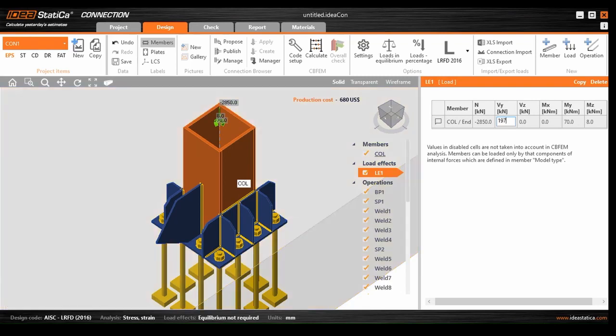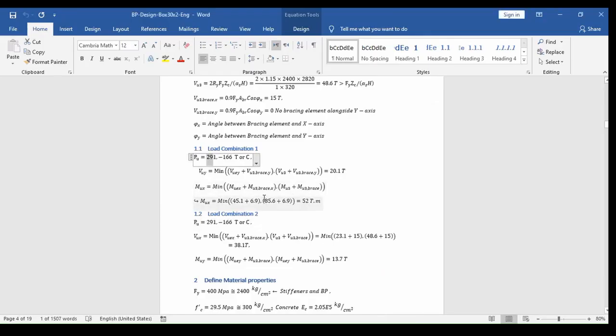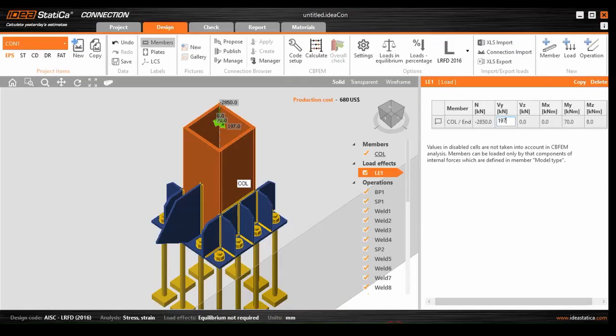And finally, we have here MUX. MUX is 52 ton meter, and it is equivalent to MSZ in our model.